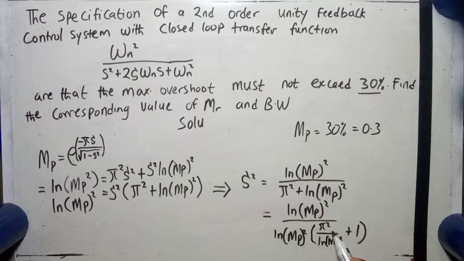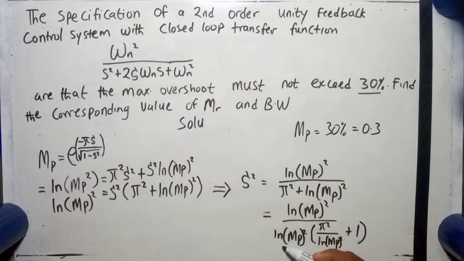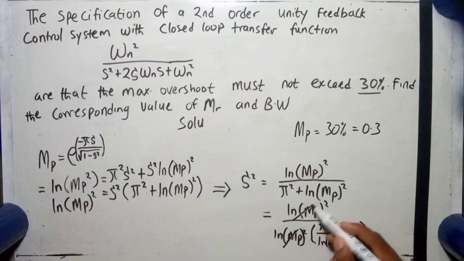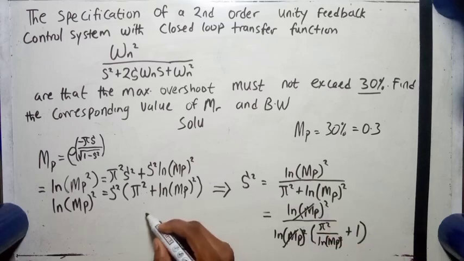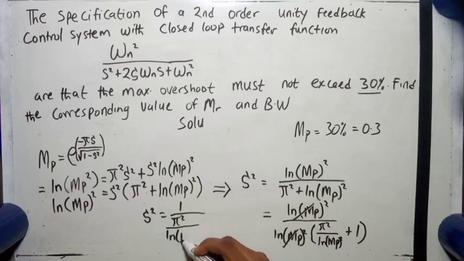So when this multiplies, this one will cancel out, we are left with this. When it multiplies this one, we get this back, so that these two can cancel out themselves. Then we have that our zeta square is 1 over pi square over natural log mp square plus 1.